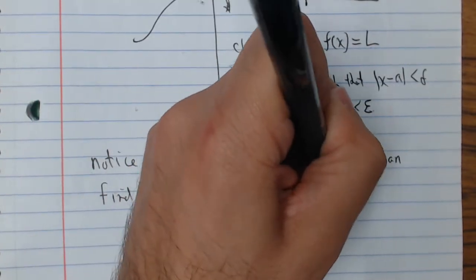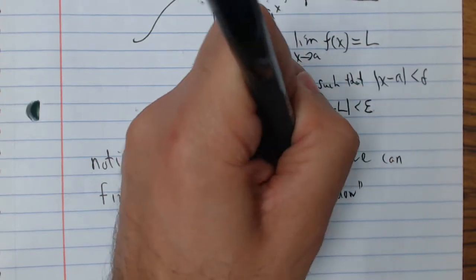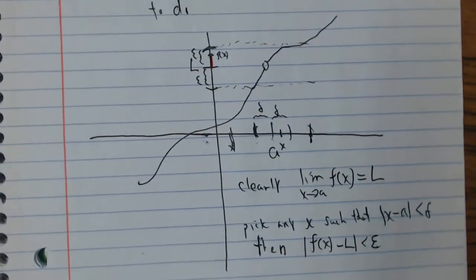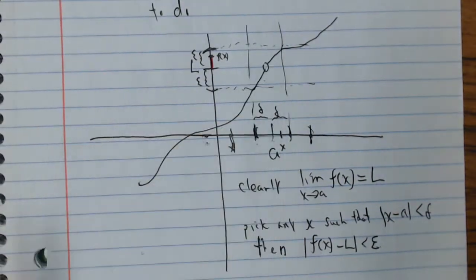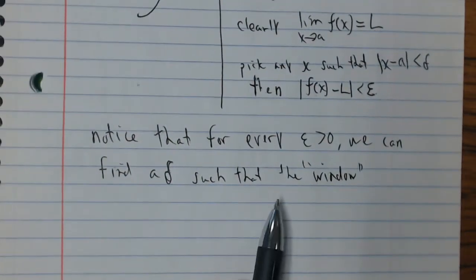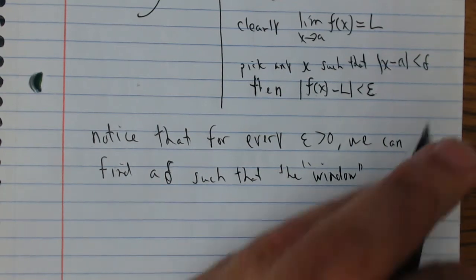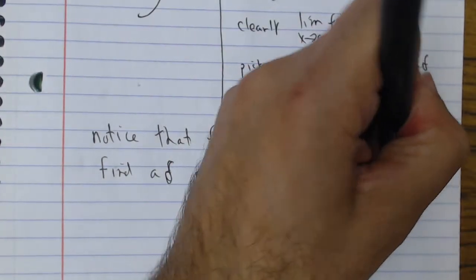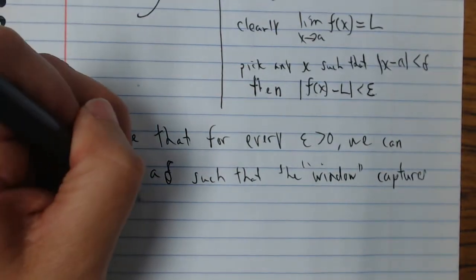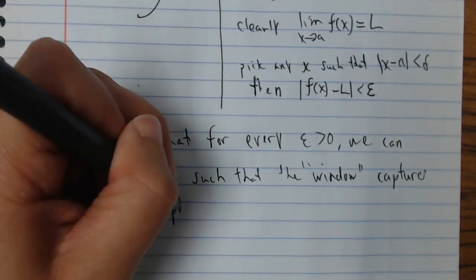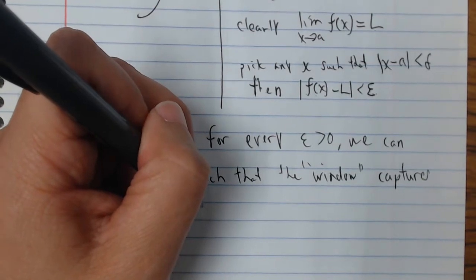the window, and I'm calling what I created right here the window. So that's my window, right? So such that the window captures the graph. In other words, I have no gaps and so on.